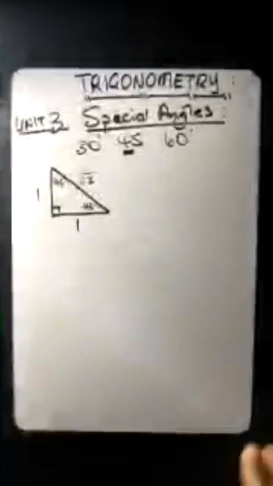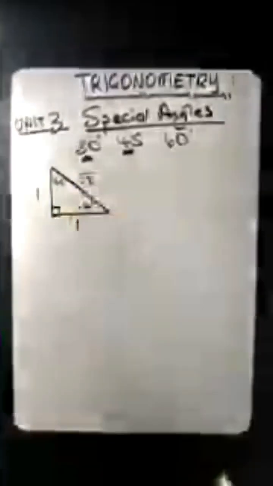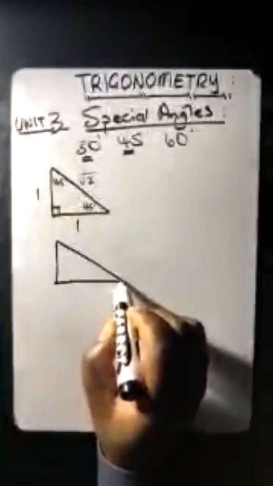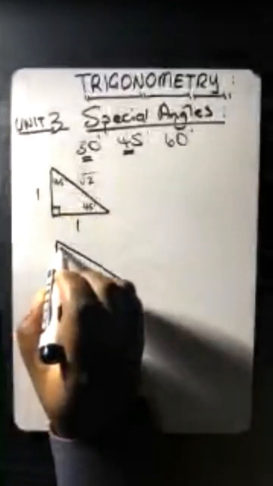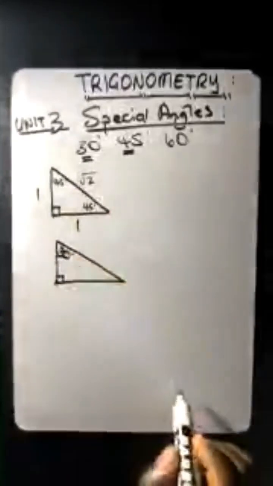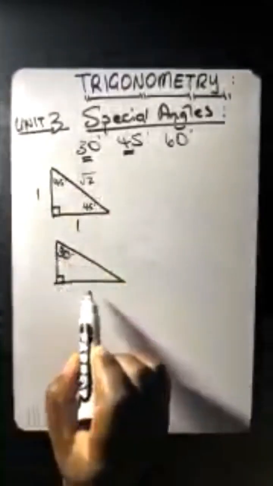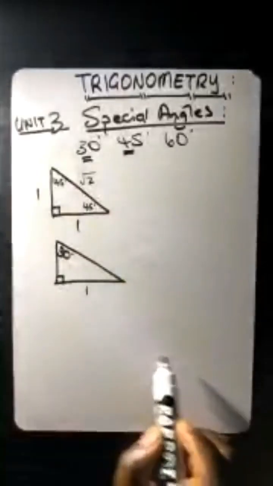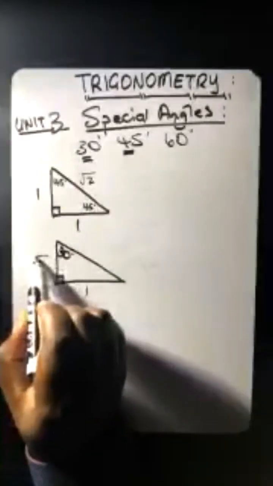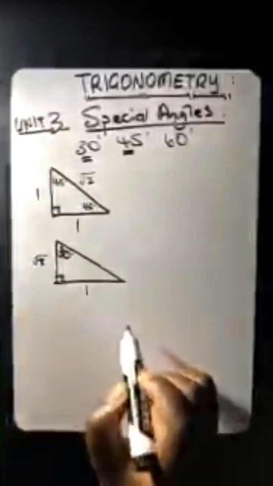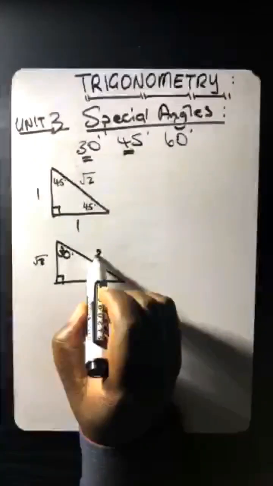So let's quickly jump onto the one of 30. You still have a right-angled triangle, with the angle of 30 up there. With the angle there, your opposite side is going to be 1, and the adjacent will always be square root of 3. If you use the theorem of Pythagoras again, you will end up having 2 there.